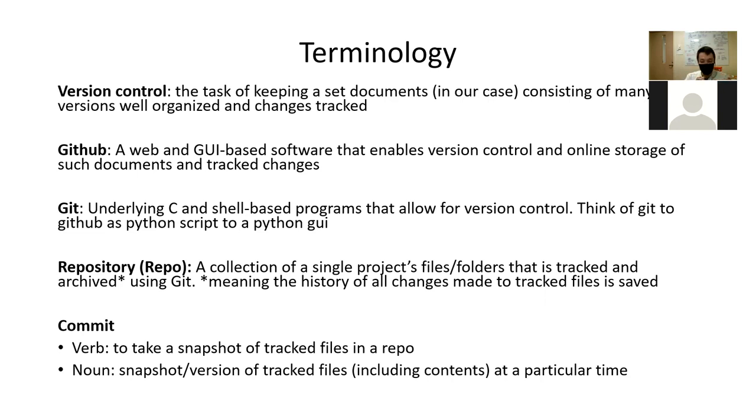This is akin to clicking the save button in a Word document. But instead of saving just the contents within that Word document, in GitHub a commit is a little bit more expansive. It's saving the contents of all the files that you want to track. And then once you've made a commit, the resulting snapshot is the noun. So the snapshot or version of the tracked files and contents at a particular time.